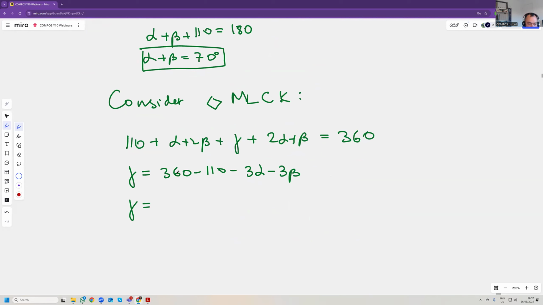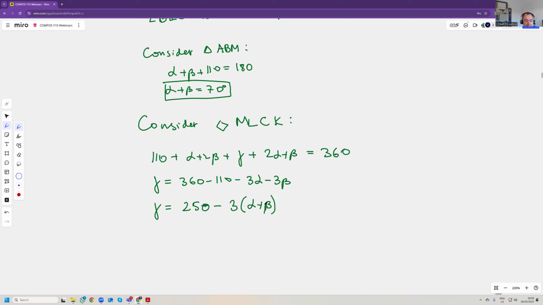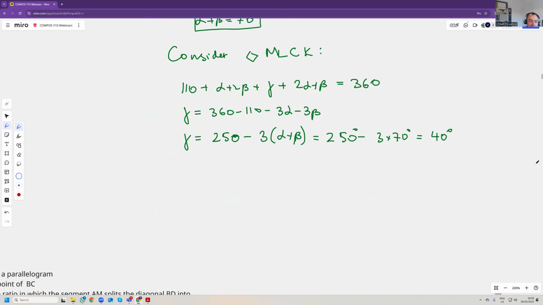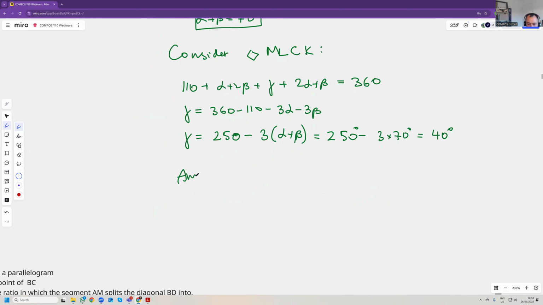So gamma is 250 minus 3 times alpha plus beta. But alpha plus beta, we already know it's 70. So that's 250 degrees minus 3 times 70 degrees, which is 40 degrees. So the answer is 40 degrees.